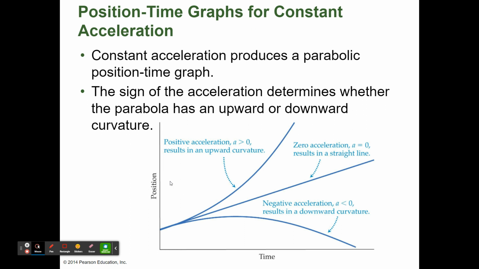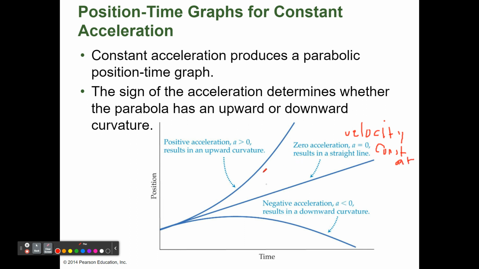And this graph just shows you all three of those situations. So this is our straight line. This would be where we have zero acceleration. So that would mean that velocity is constant. I'm not doing this on my touch screen, so it looks like a kindergartner.